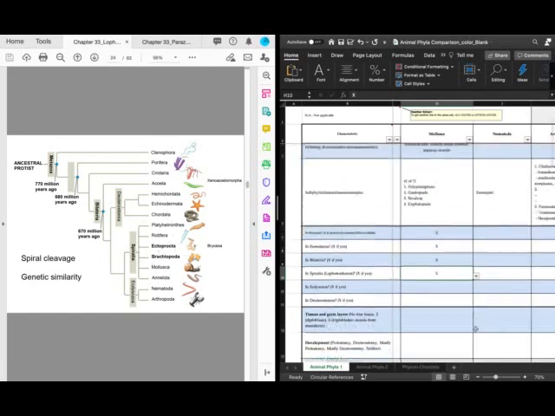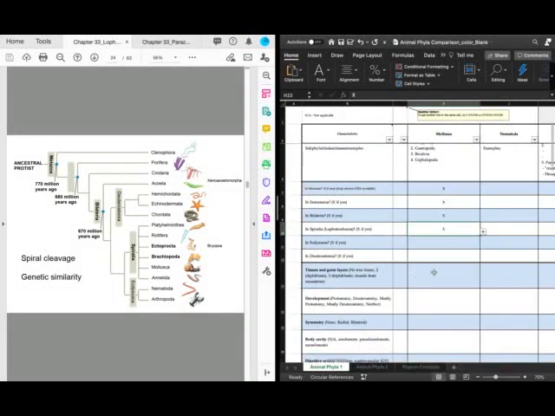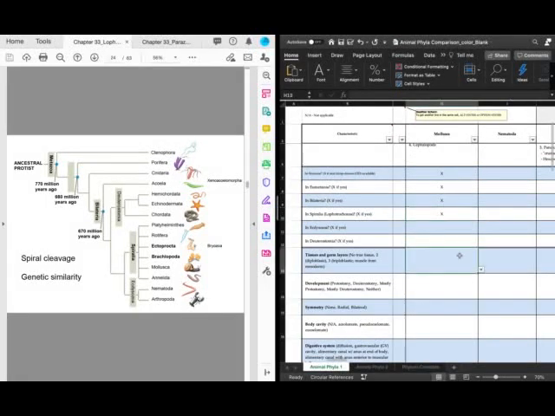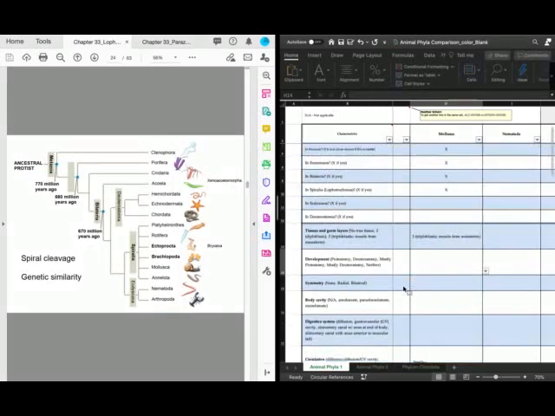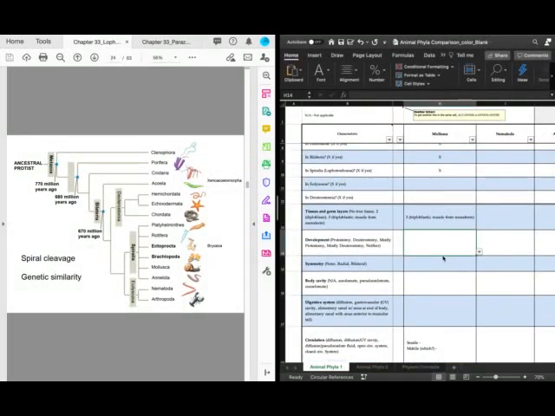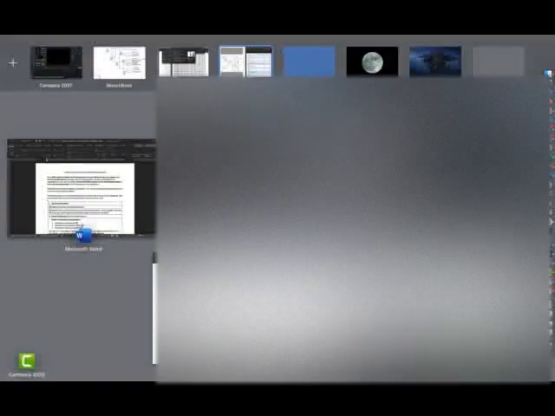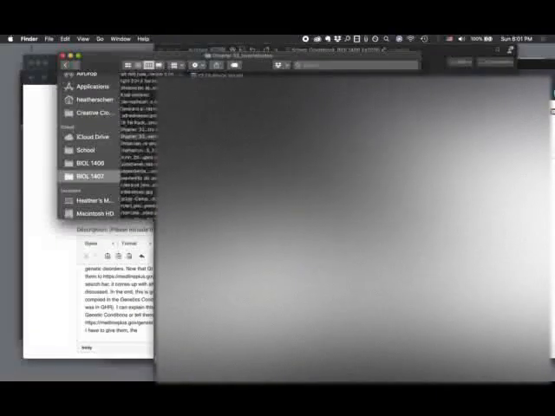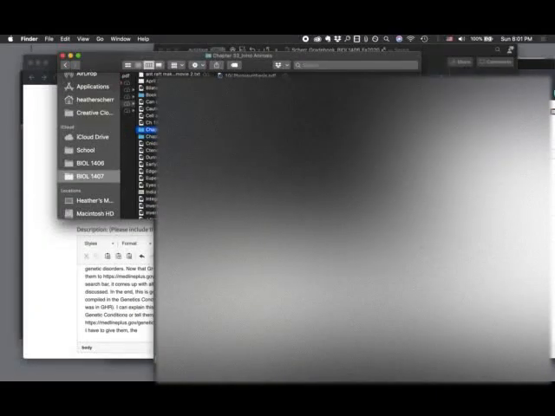Ecdysozoa and Deuterostomia, those three are mutually exclusive, so no. Tissues and germ layers, so all of the bilaterians are triploblastic, so they all have their three. Mollusk development, I'll have to tell you that. Actually, take that back. It's in the other animals one. So intro to animals.